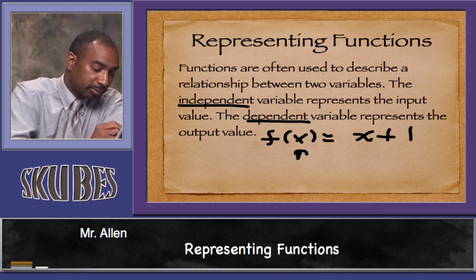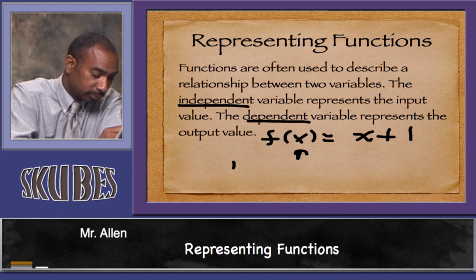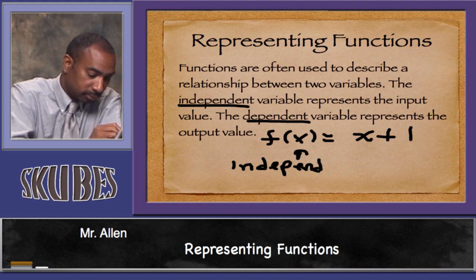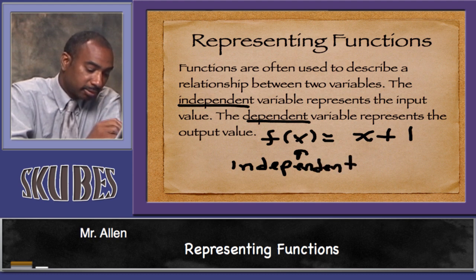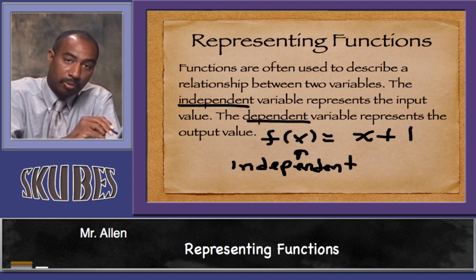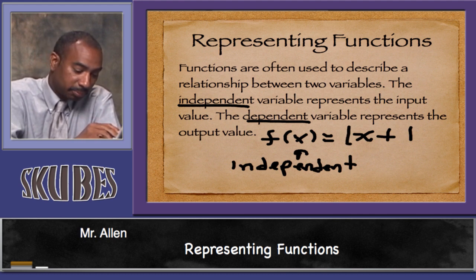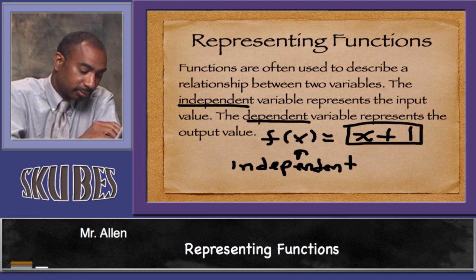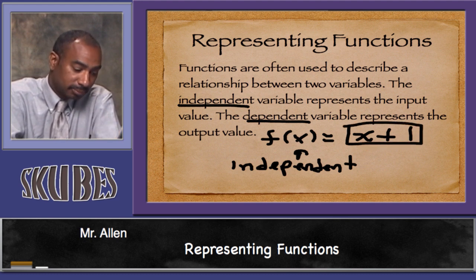This is my independent variable, because it doesn't matter what values I plug into the function, it always has to be added by 1. This depends on what this value is.